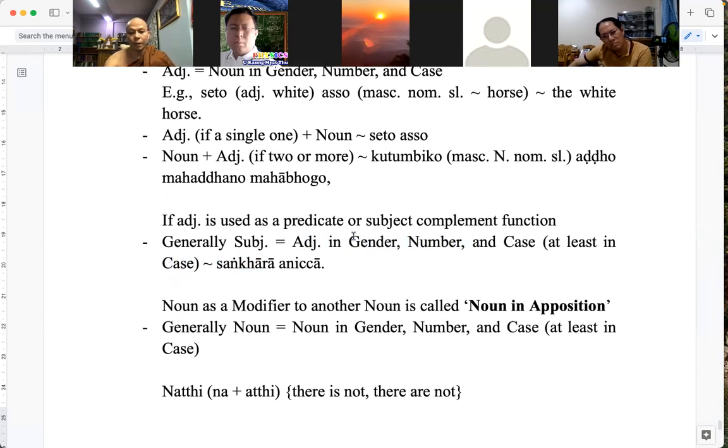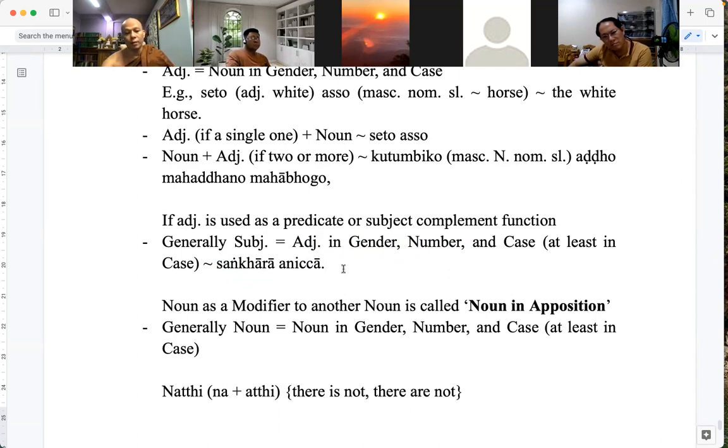And then the subject complement. If the adjective is used as a subject complement: here aneja is a predicate.